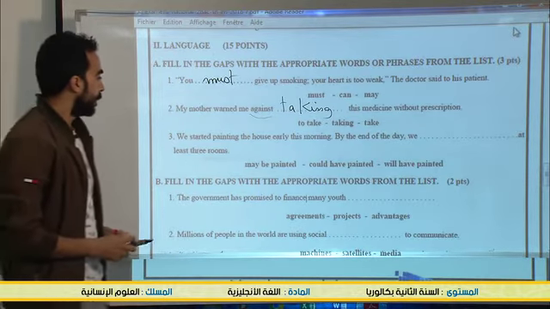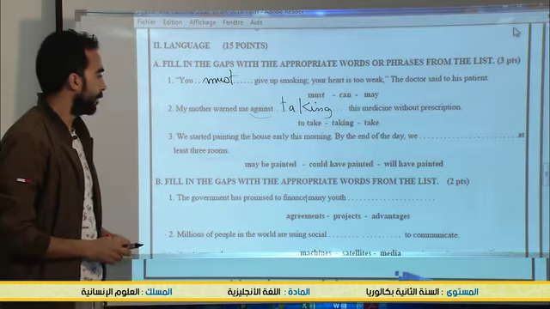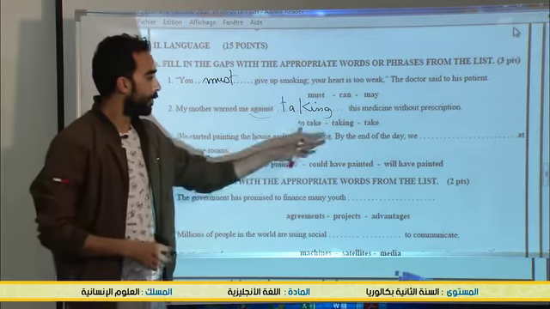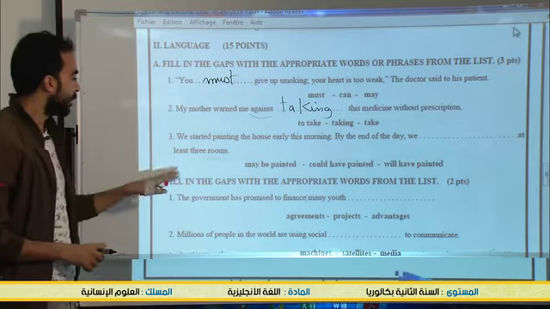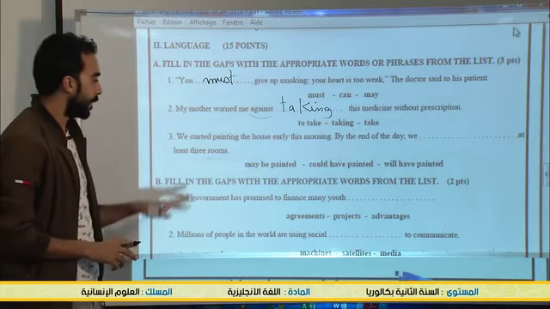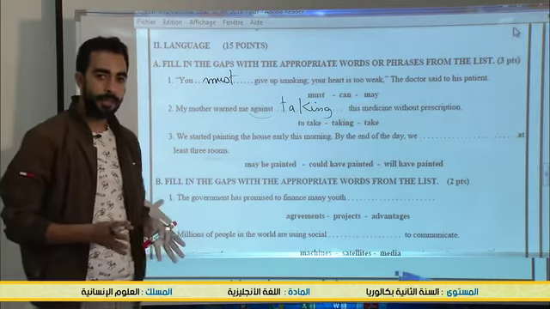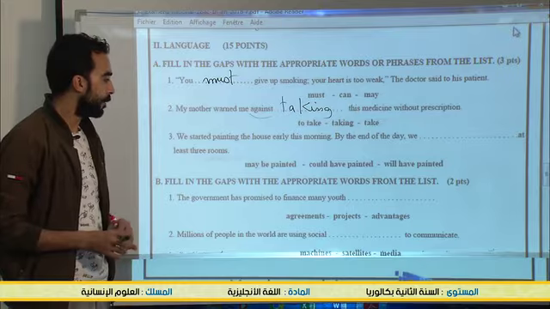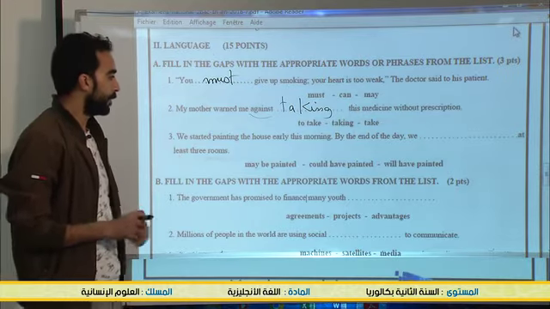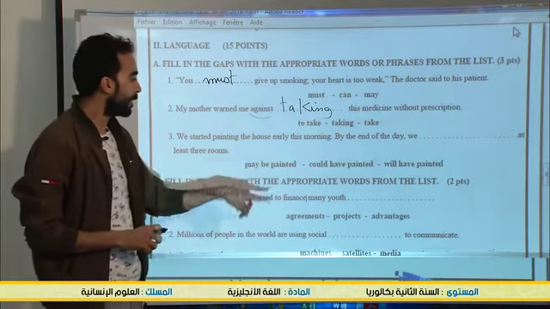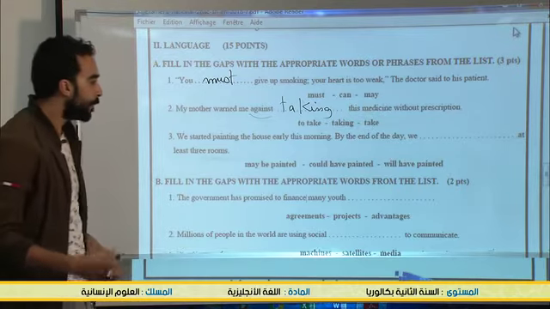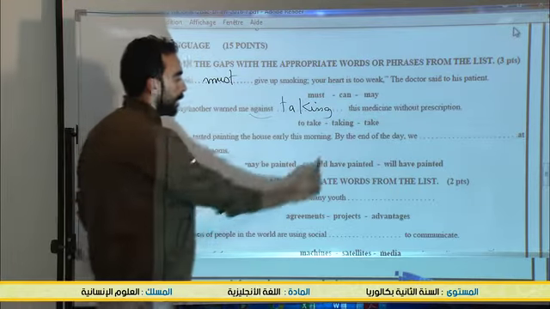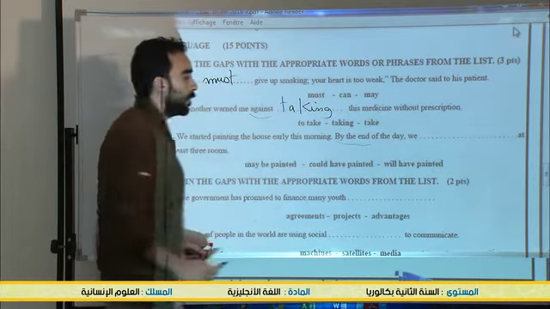We started painting the house early this morning. By the end of the day, we at least 3 rooms. So of course here we are talking about tenses. So which tense is the appropriate, or which form of the verb is the appropriate? May be painted, could have painted, or will have painted. Of course, we have an indication which is by the end of the day.